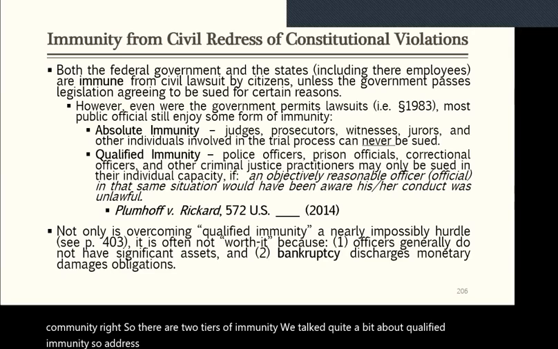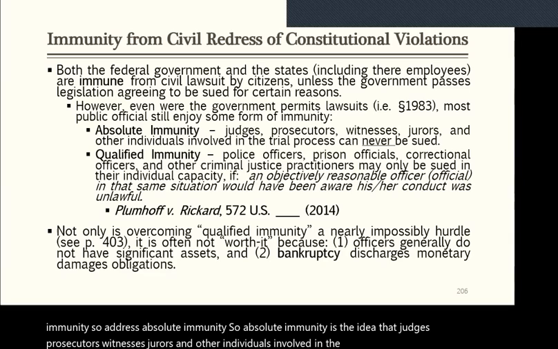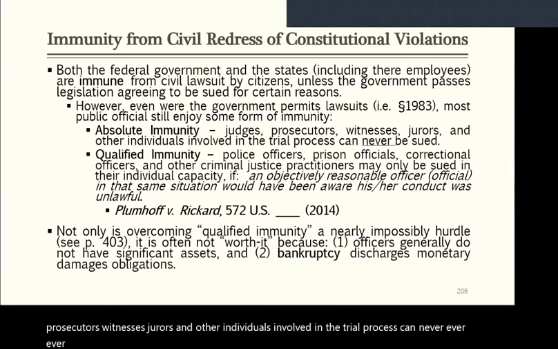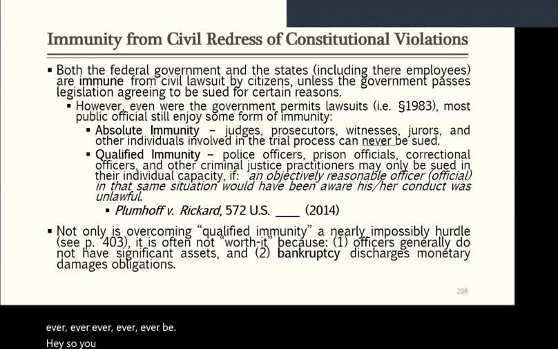Absolute immunity is the idea that judges, prosecutors, witnesses, jurors, and other individuals involved in the trial process can never be sued. So you cannot be wrongfully convicted, get out of prison, and then turn around and sue the individual jurors who found you guilty.